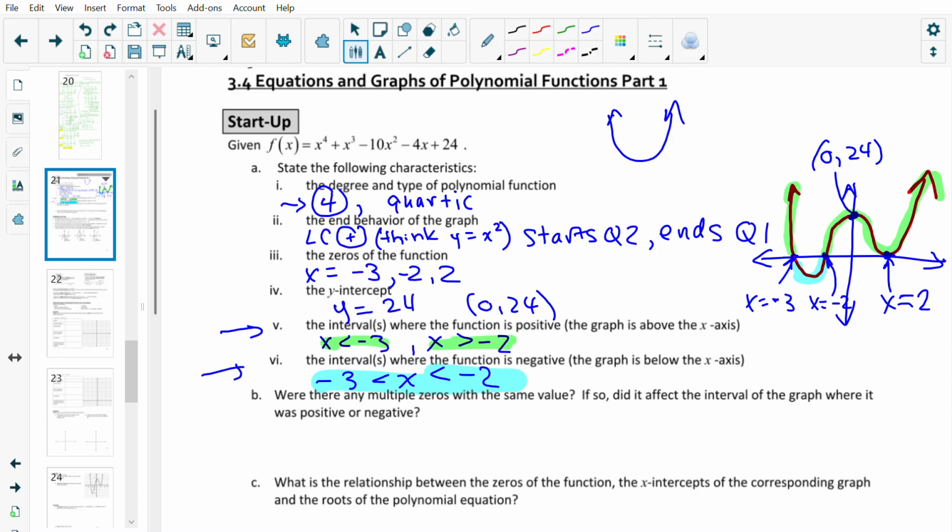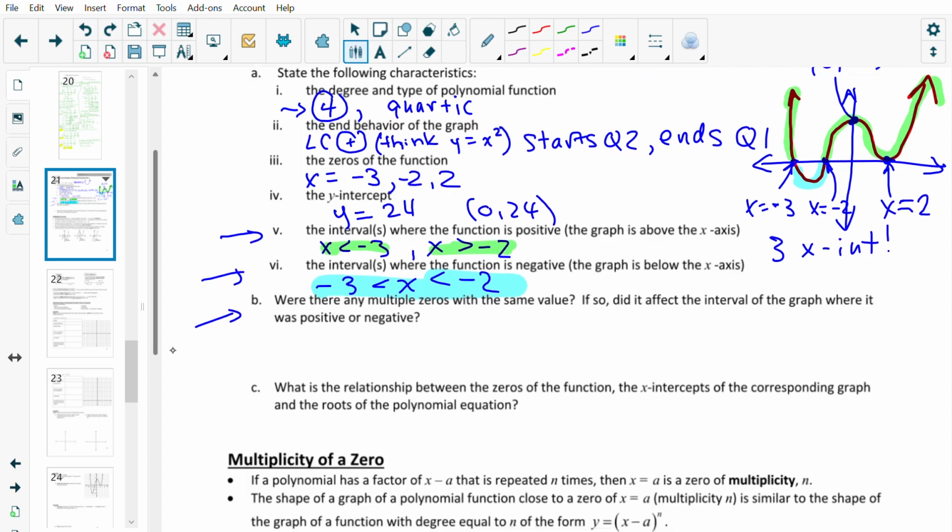Okay, we will get into this later, but one thing you might have noticed is that this is a quartic. How many x-intercepts are there? I'm showing 3 x-intercepts. Okay, that leads me into part B here.